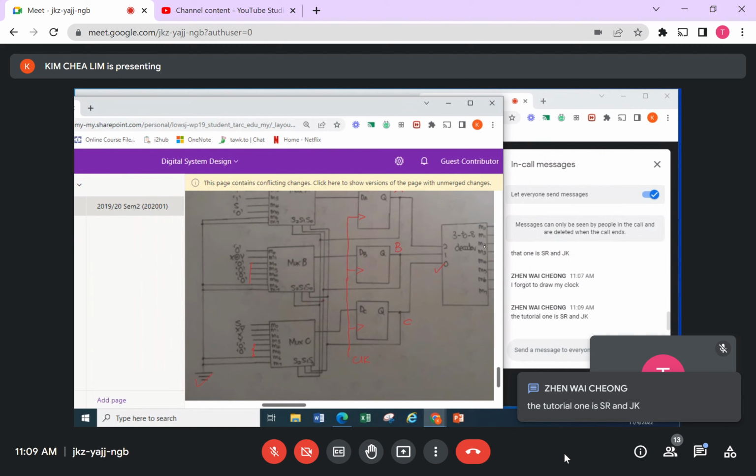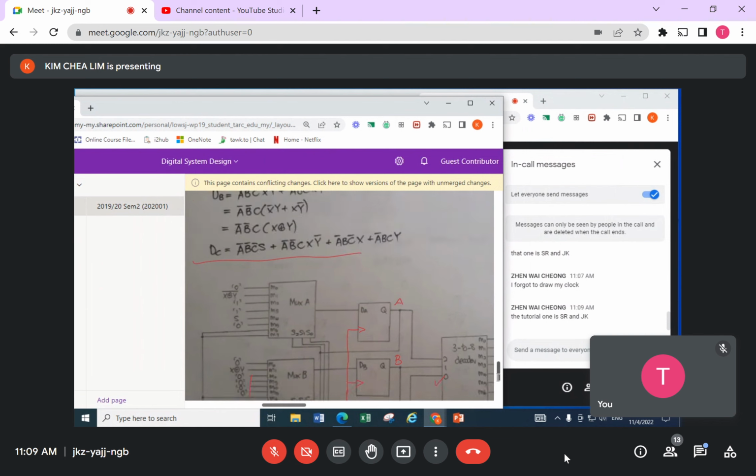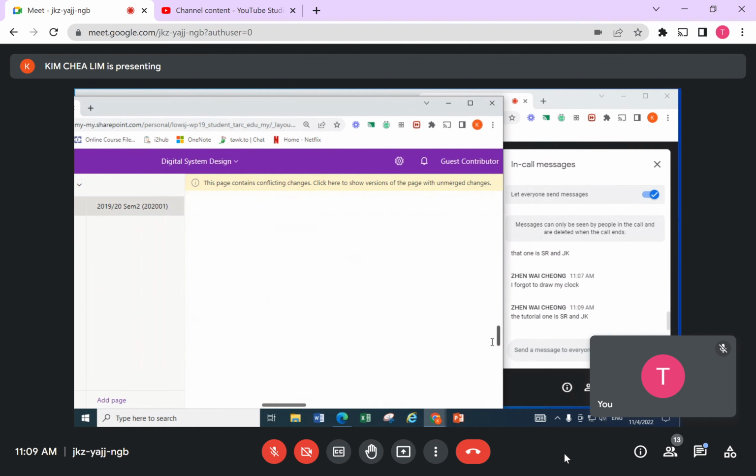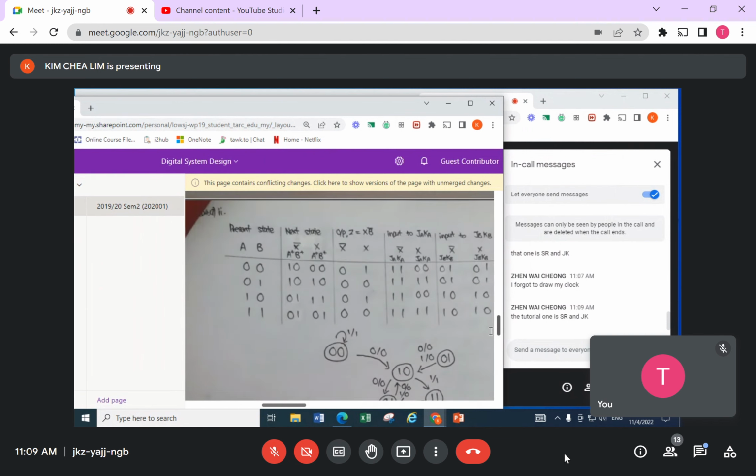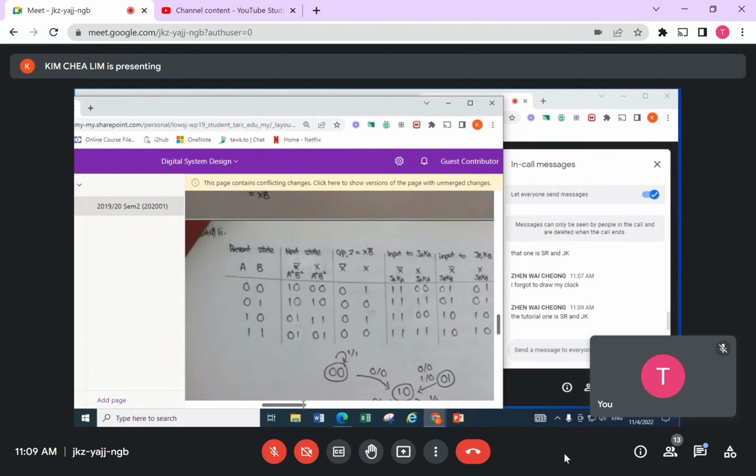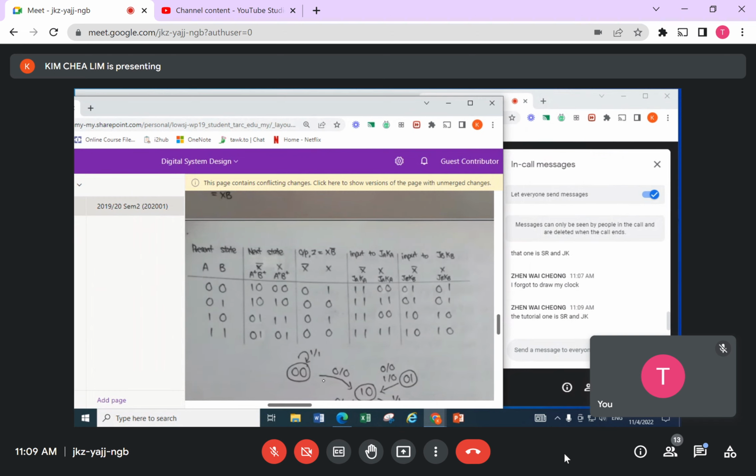The tutorial one is SR and JK. That is to say that I haven't discussed the part A. All right, no problems. We look at it. Part A, part A. Where's the part A? Part A. Double confirm that this is correct.